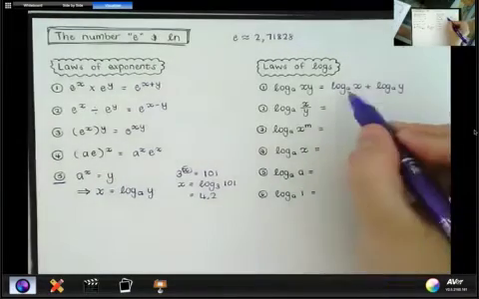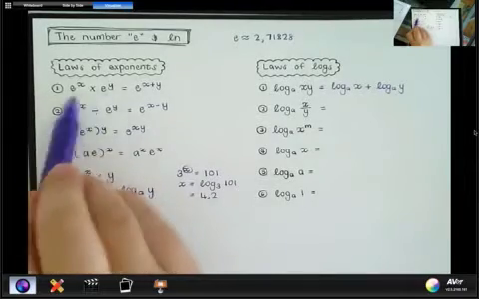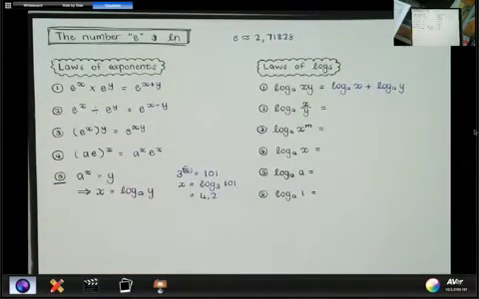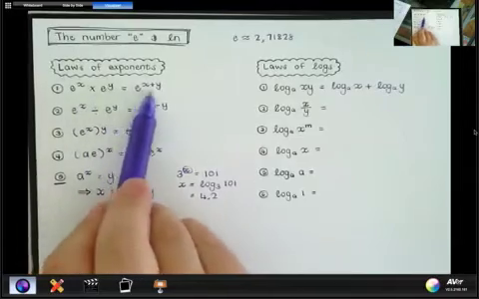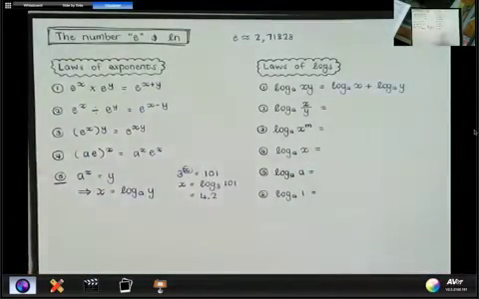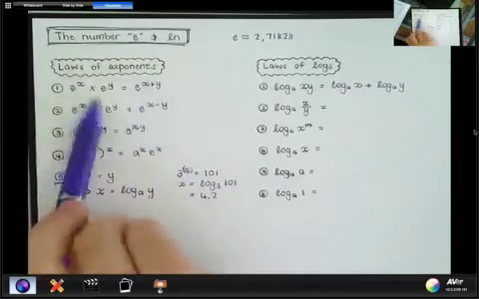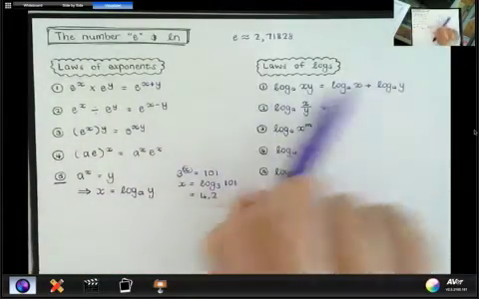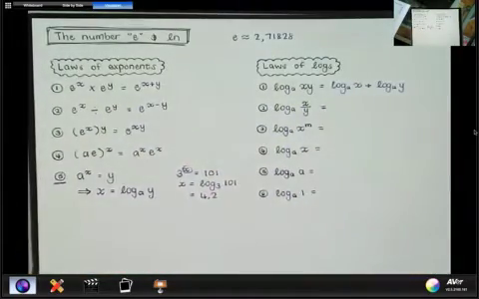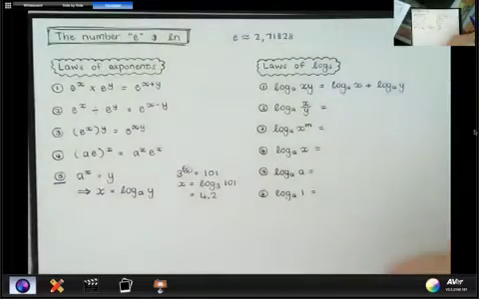So we keep that same base, just like when we are working with exponents. We just change it into adding. So you can use this exponent law almost like a memory trick to help you remember this one.